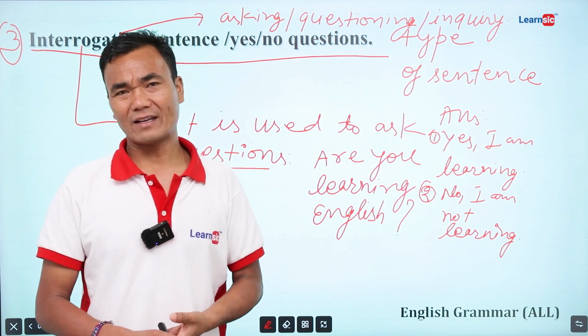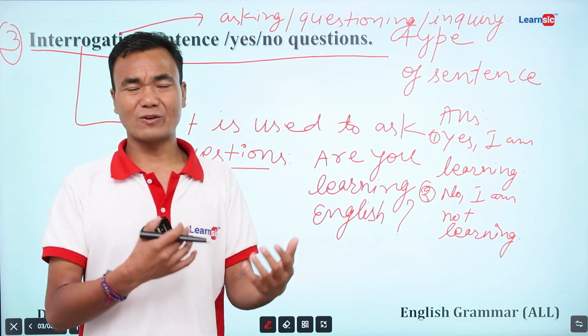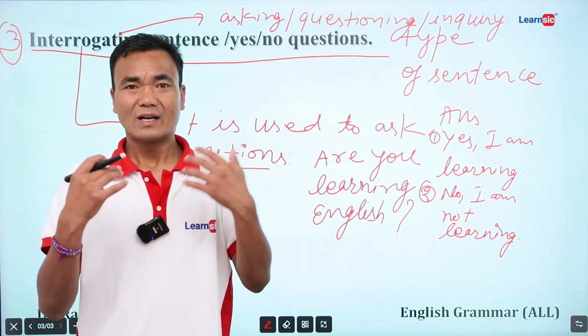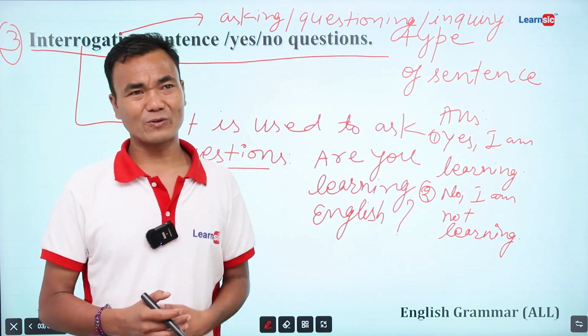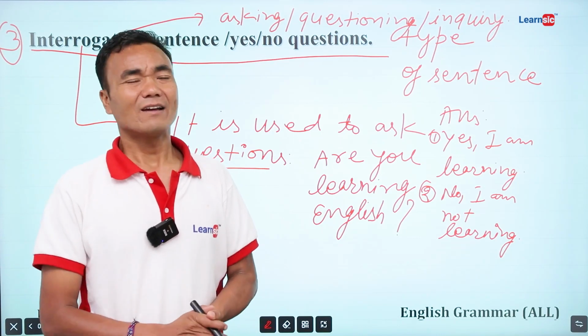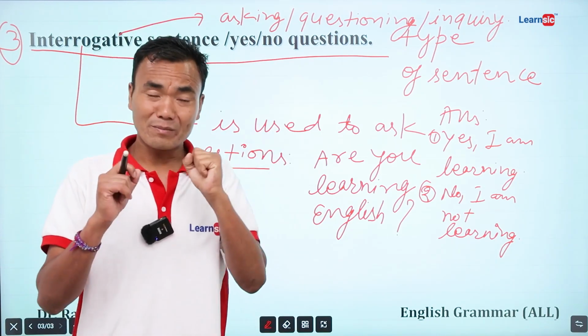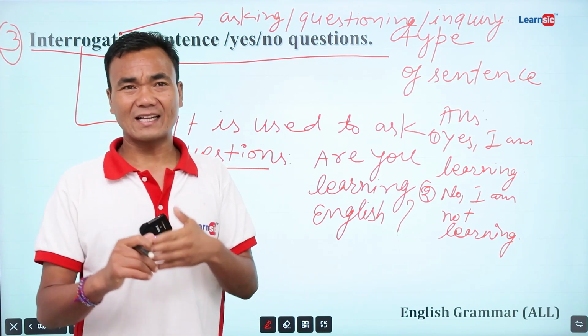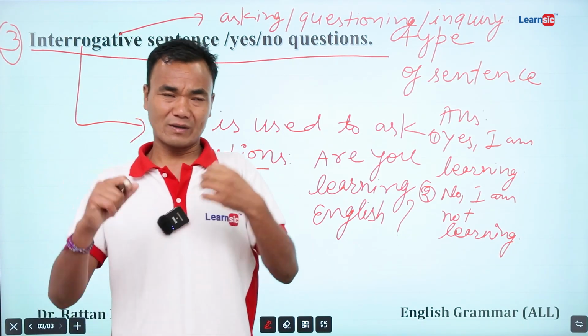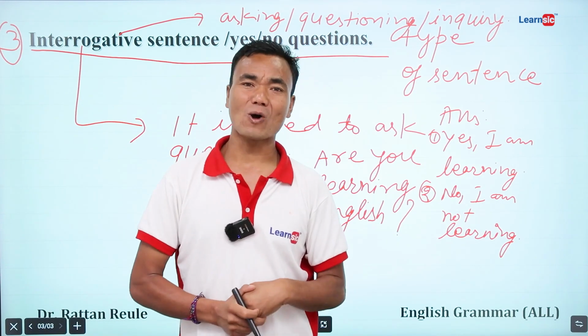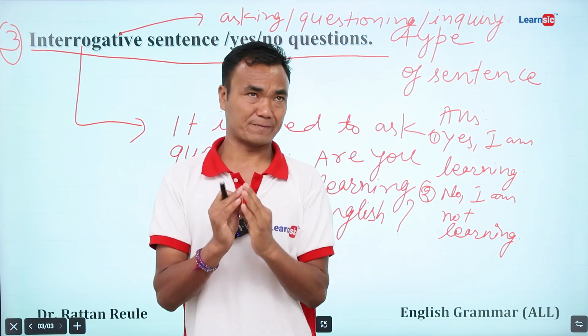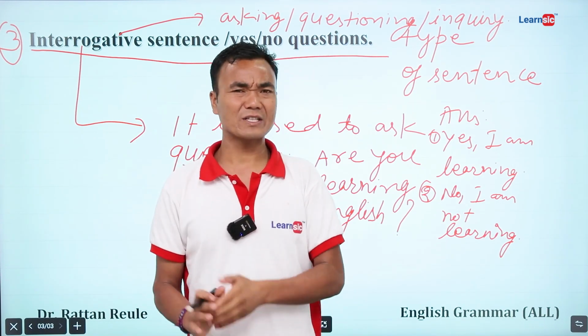When you want to clarify something, you want to get the answer, you want to ask the time, you want to ask the things and all that, at that time you use this interrogative sentence for making your speaking good, clarifying your mind, and making your learning very strong. This structure works wonderfully.